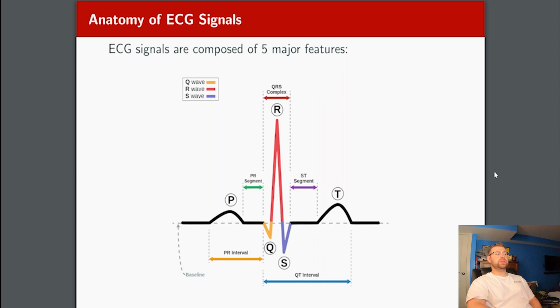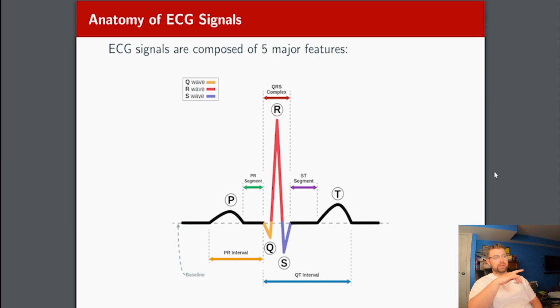And so ECG signals in general have these 5 major features that tell us different properties. We have this Q wave in yellow, the R wave in red, and the S wave in purple. Depending on the length, height and depth of these different segments, they can give clinicians insight into things.